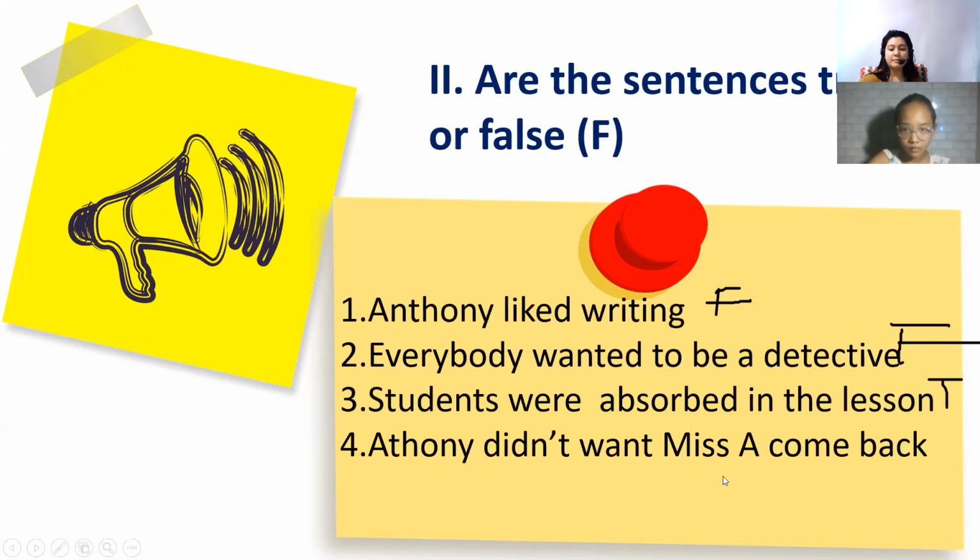Anthony didn't want Miss A to come back. Okay, let's check your answers. False, true, true, false. You get one mistake. Everybody wanted to be a detective is true, because when the teacher asked who wants to be a detective, all of the students raised their hands. So you've got three correct answers in this part.